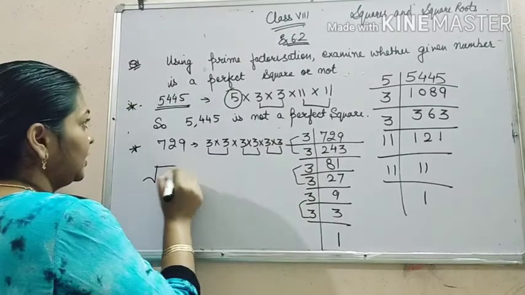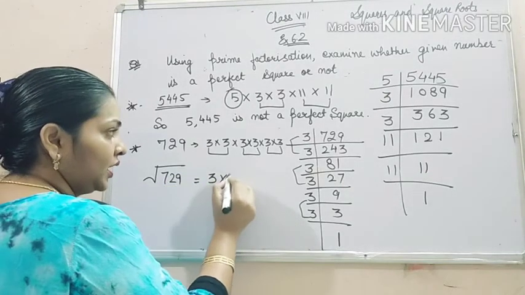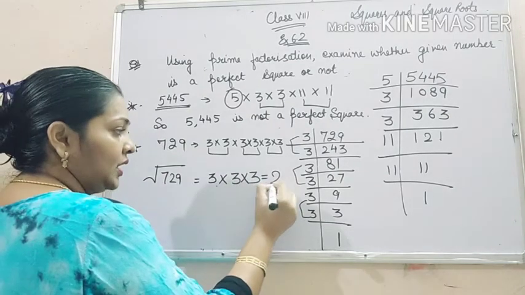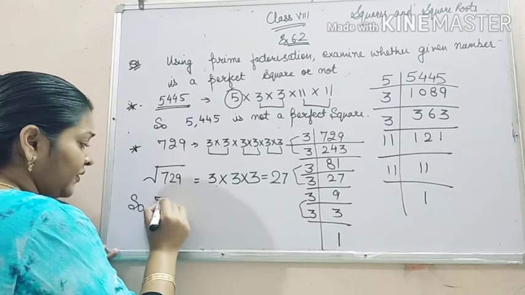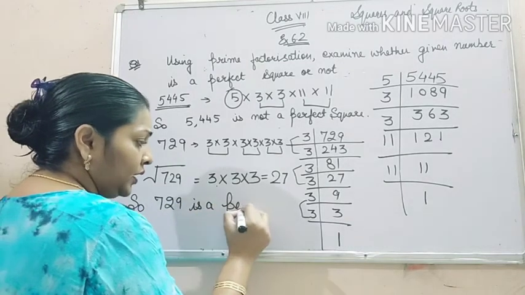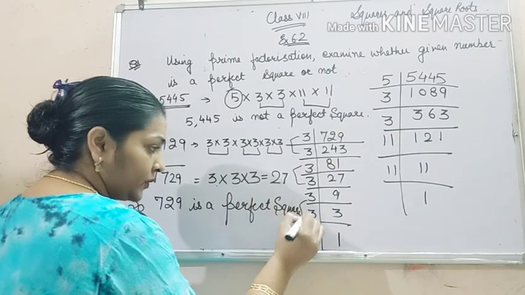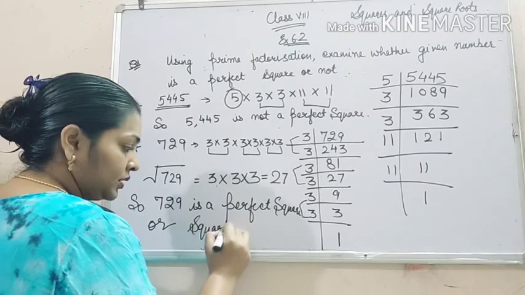So under the root 729 is equal to 3 into 3 into 3, 27. Okay. So 729 is a perfect square, or you can say square number.